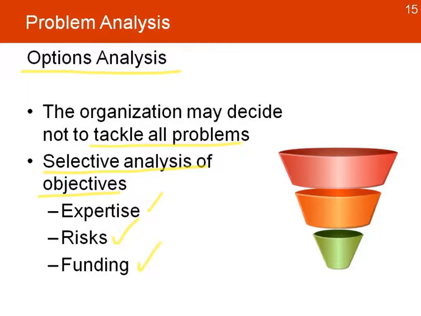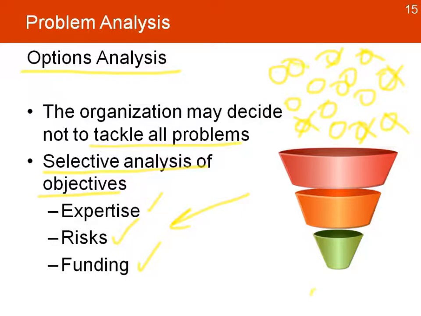What it means is that when we look at all those actions that we can make on the project, and we have a complete list of everything we can do to solve that problem, there are going to be some that, based on this analysis, we might decide not to do. So eventually, what we have is just a set of activities and actions that the project can do based on the resources, expertise, and the amount of risk.